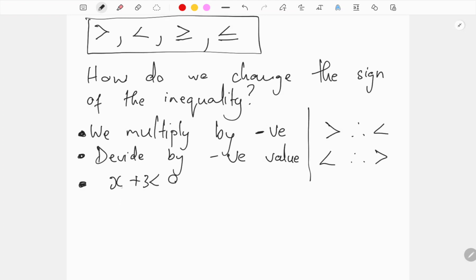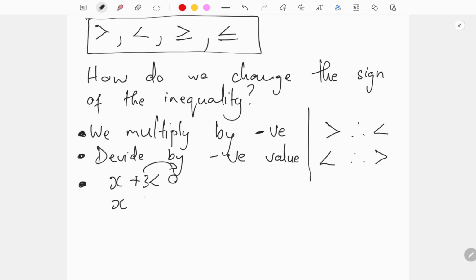In the last step, you have to transpose 3 to that side, because you want to know the values of x in that inequality expression.